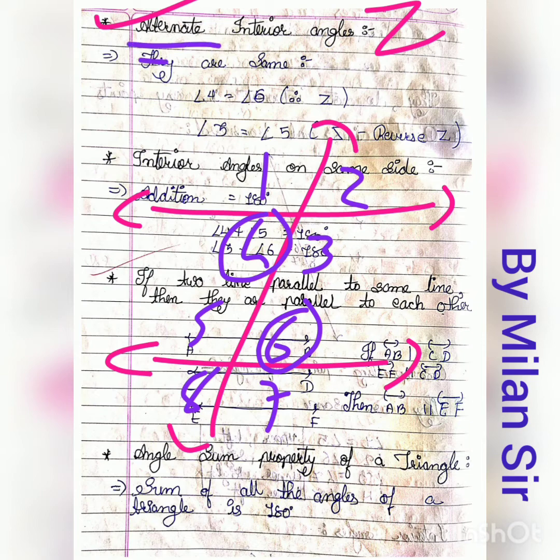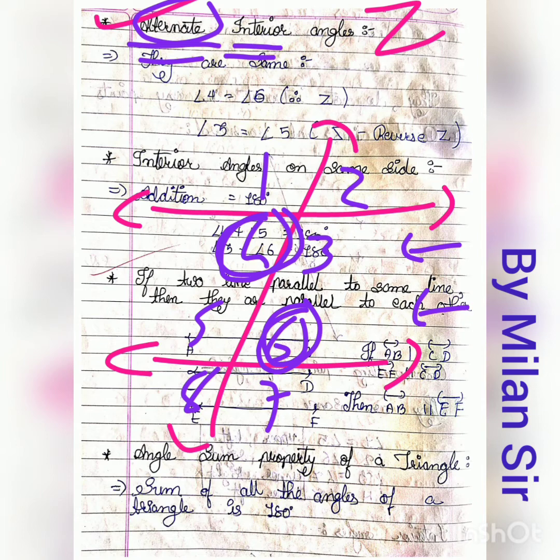Look at this word. First of all, interior. So 3, 4, 5, 6 are the interior angles, and in that, alternate. That means one from the left hand side, one from the right hand side. It is called alternate interior angles.